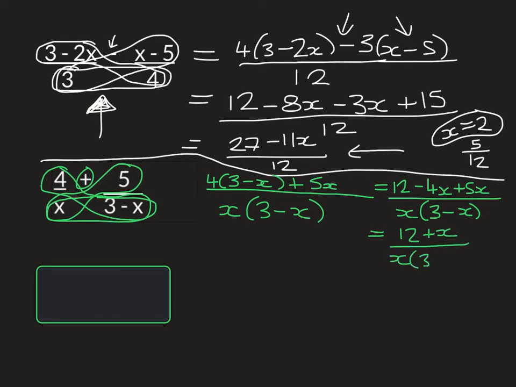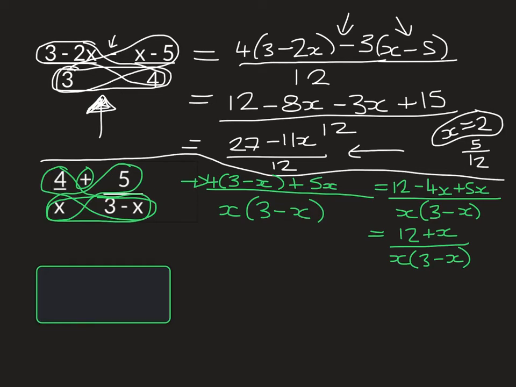You may wonder why I'm not multiplying out that denominator. It's because I don't have to. I mean, x brackets 3 minus x is just as simple as 3x minus x squared. So I can just leave it like that in brackets. I could not do that at this stage because it's not as simple as I can make it.